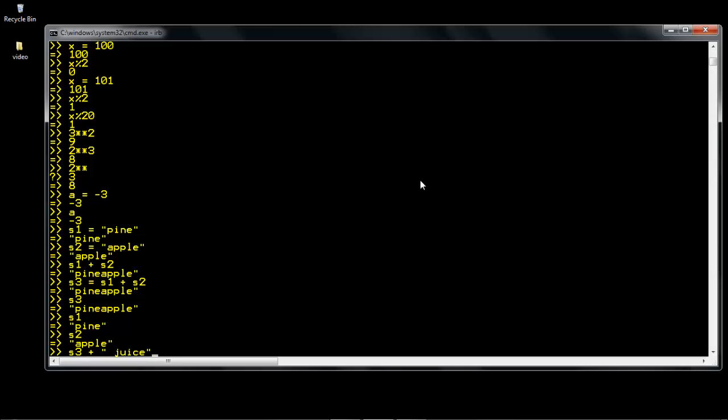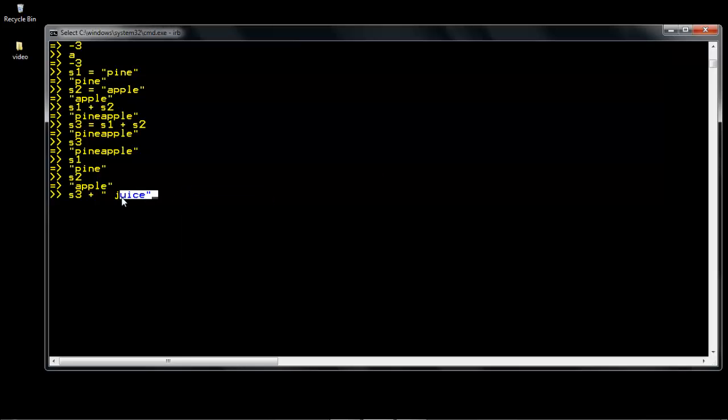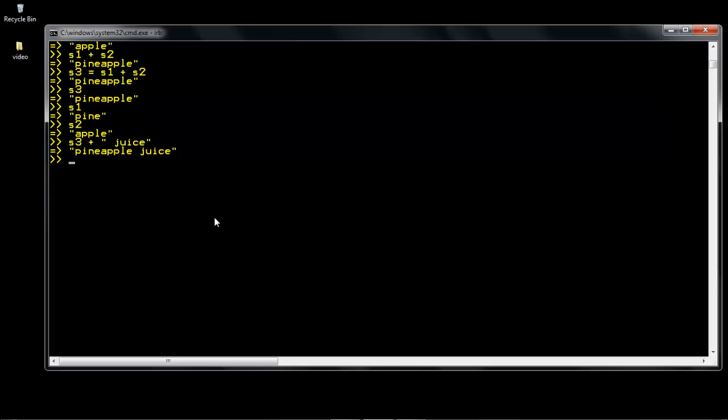Remember, this itself is a string consisting of a space followed by JUICE. How many characters are there? 1, 2, 3, 4, 5, 6 characters in the second string. So I get a new string because of the concatenation operator: pineapple juice. I didn't store pineapple juice in a variable, but I can. S4 equals S3 plus space JUICE, and S4 will store the string pineapple juice.